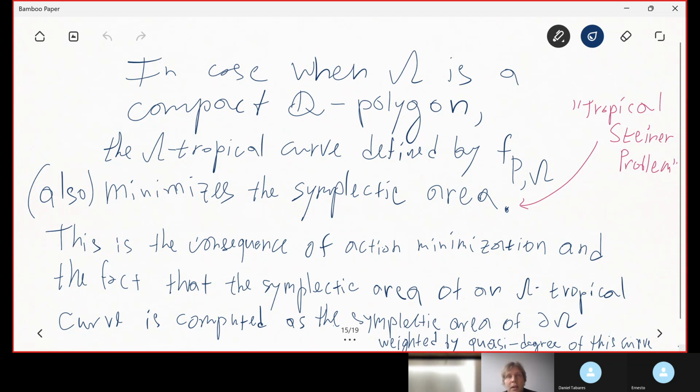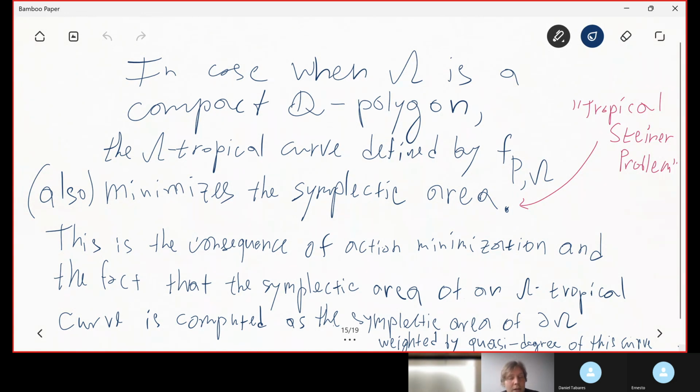At some moment, Eliashberg proposed to call it the tropical Steiner problem, because in the case when the domain is a compact Q polygon, the corresponding curve solves the minimization of the symplectic area in the class of curves that pass through the given collection of points. However, this minimization doesn't define the curve. So if the curve is not rigid, there might be many solutions, although belonging to the same deformation class.